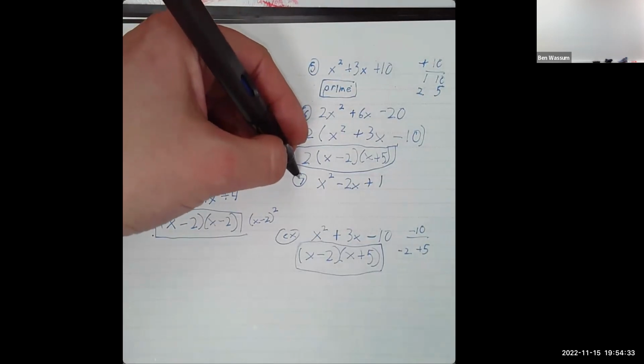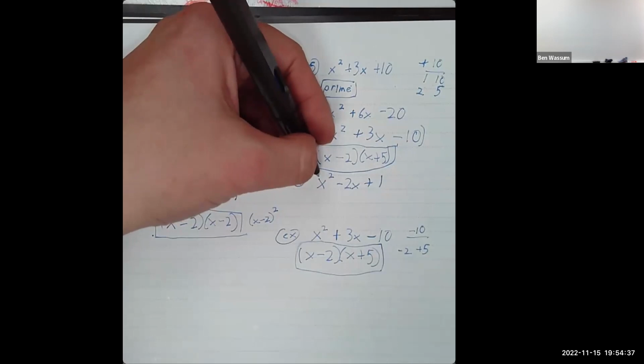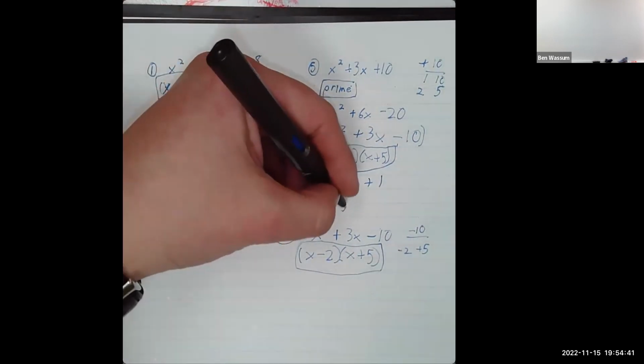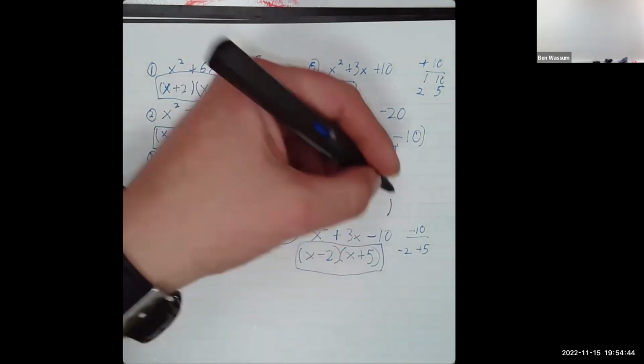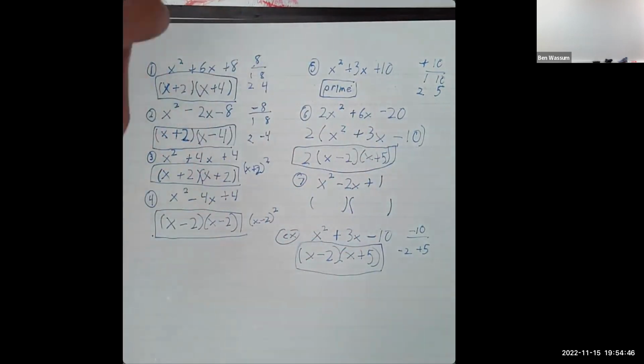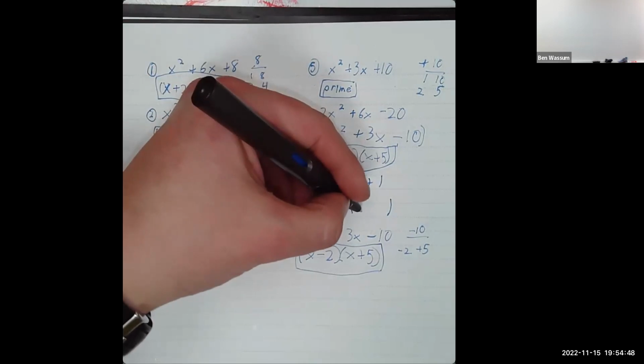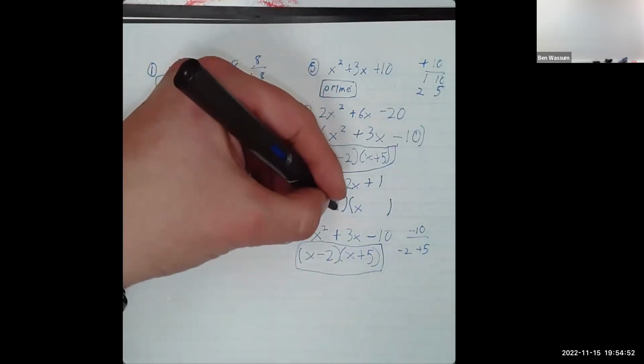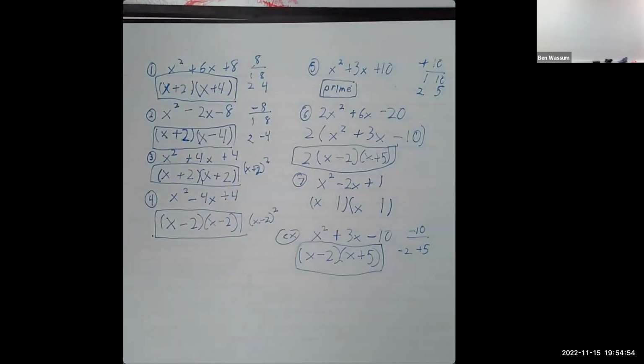So number 7, our last one, we have x squared minus 2x plus 1. What are factors of 1 that add to a -2? Well, what goes into 1? Only ones would work, right?